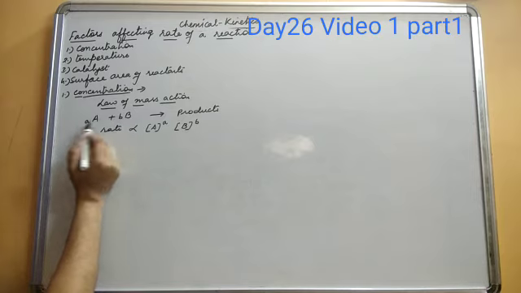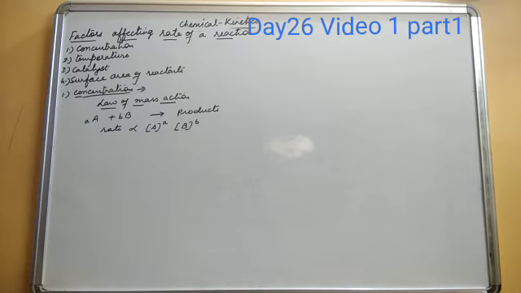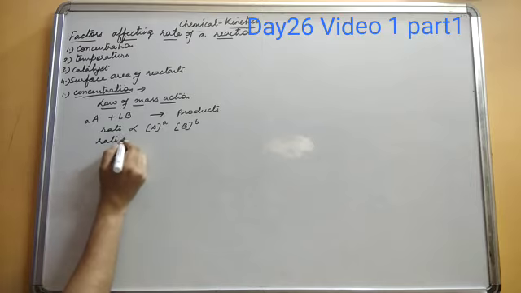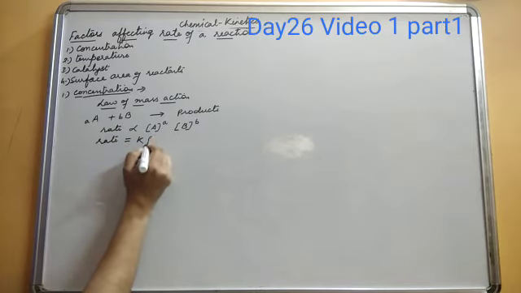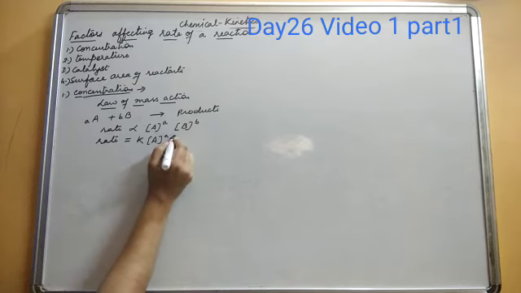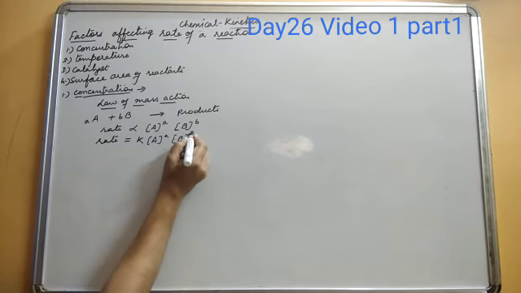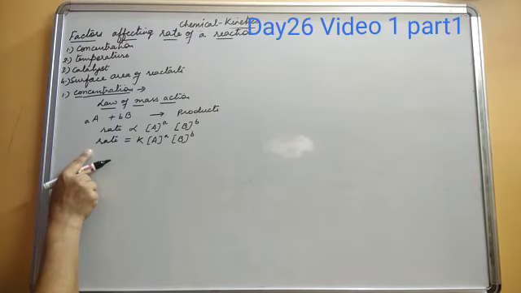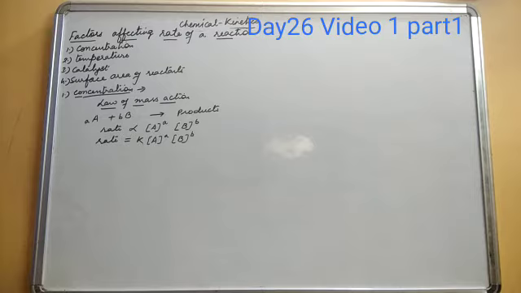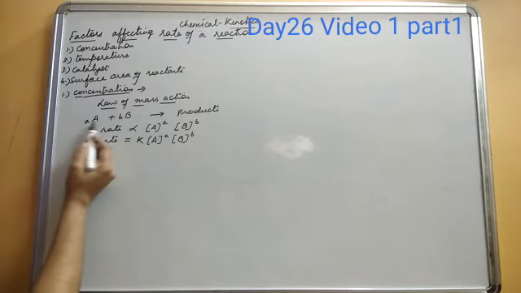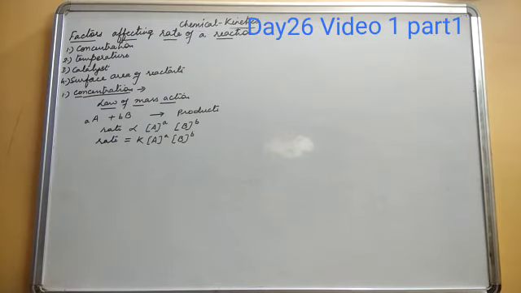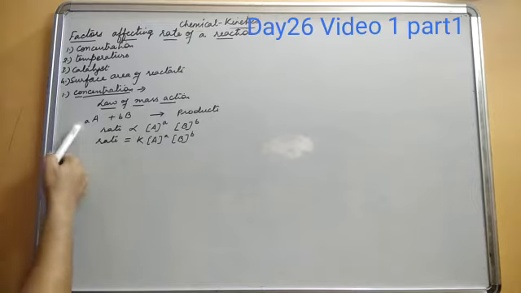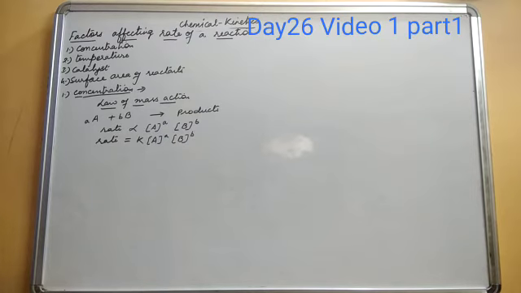These powers are showing their stoichiometric constants in balanced chemical equation. We can write down this reaction rate is equal to K [A]^a [B]^b, where K is proportionality constant. So according to law of mass action, rate of any reaction depends on the product of concentrations of reactants raised to some power from their balanced chemical equation.